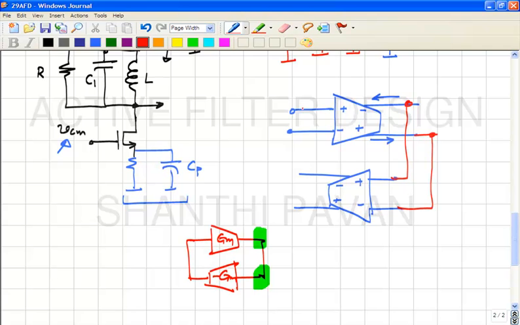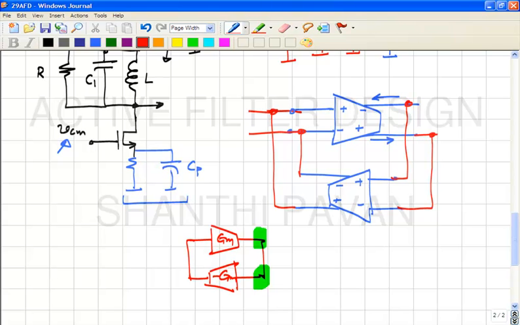This minus must go to plus to minus. Oh, sorry. Yes, that's correct. Right? There must be an inversion either in the first transconductor or the second transconductor. This is a schematic of the fully differential gyrator.